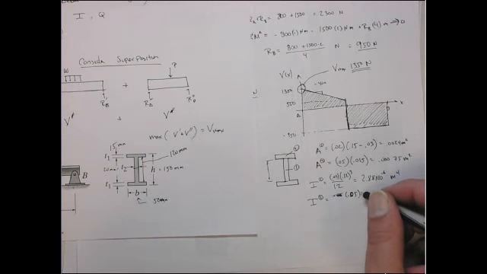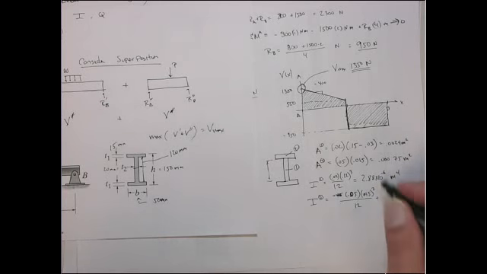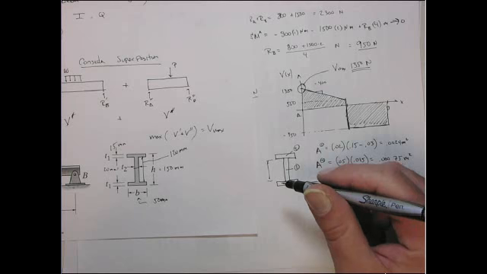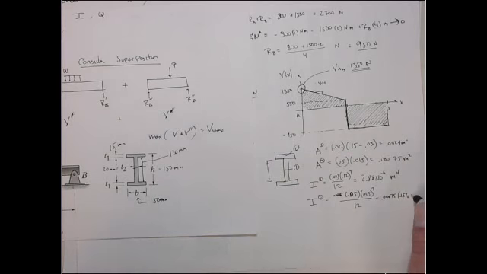Its height is the 0.015 cubed over 12, and then we have to shift by parallel axis, so it's its area, which is 0.00075 meters, times the distance to its centroid, which is going to be 0.15 divided by 2, that's this distance, minus 0.015 divided by 2, half the height, and that's squared.